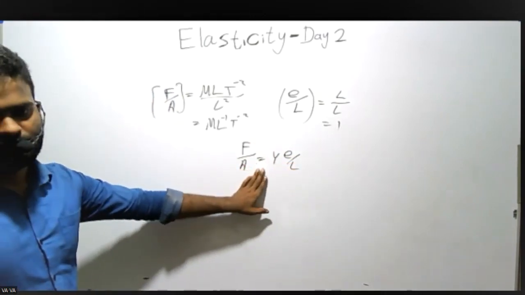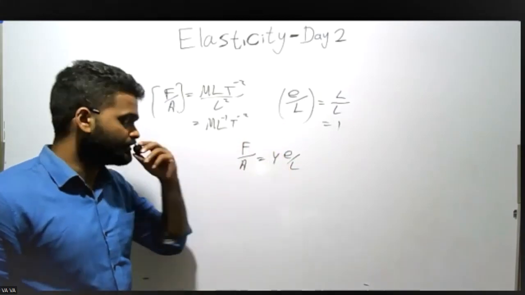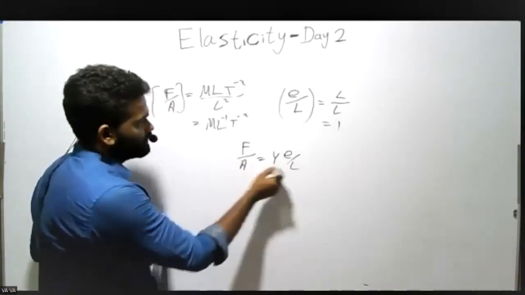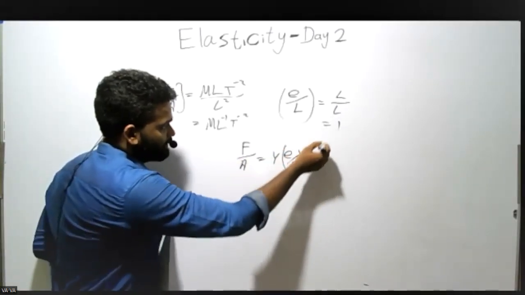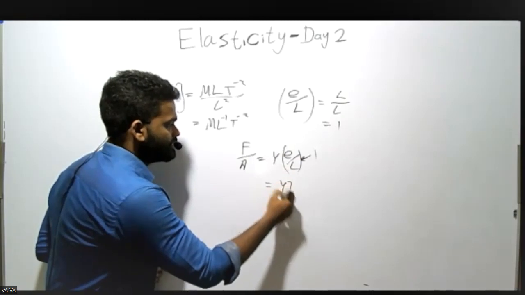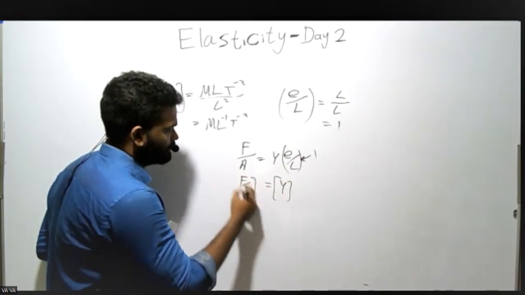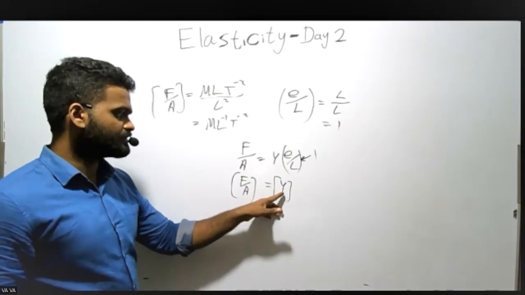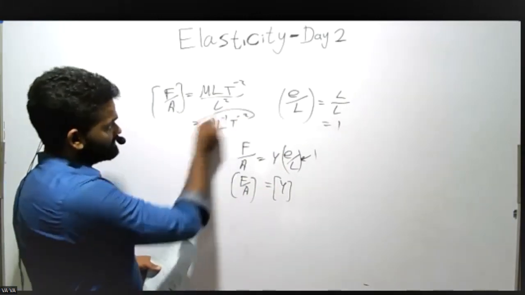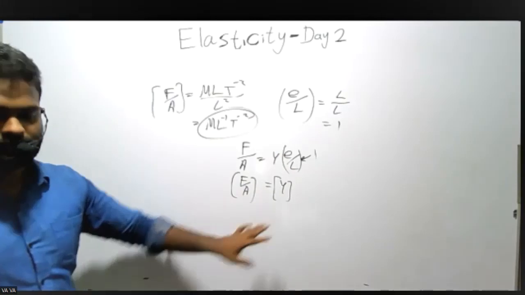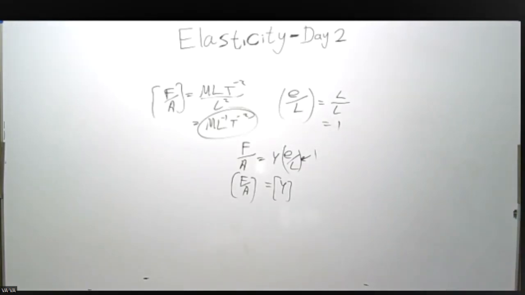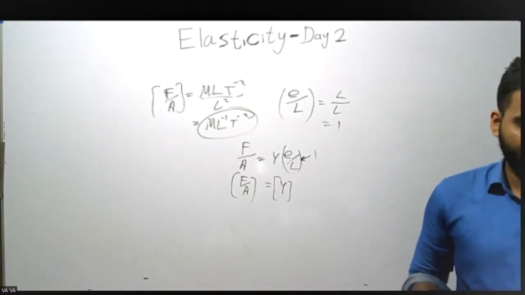So this is the equation for Young's modulus. This is a different form of the same equation, right? Stress equals Young's modulus times strain. You know that strain doesn't have any units, I mean dimensions. So the dimensions of that one is 1. So as you can see, the dimensions of Young's modulus are also equal to the dimensions of force divided by area. So it should have the same dimensions. Got it? Yeah, it should be the fourth one, right?